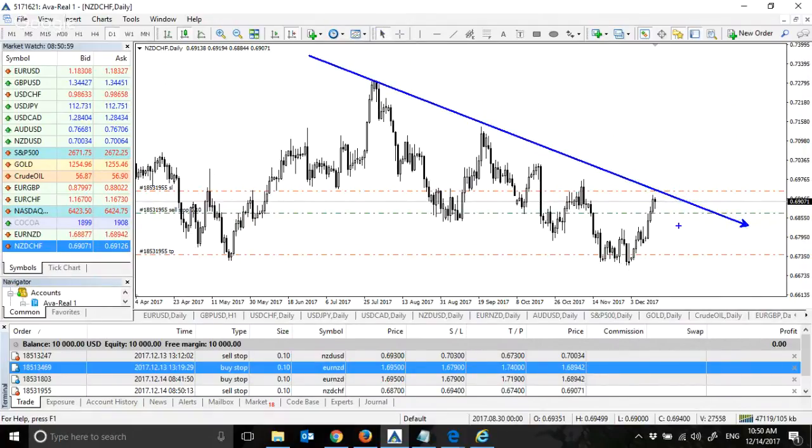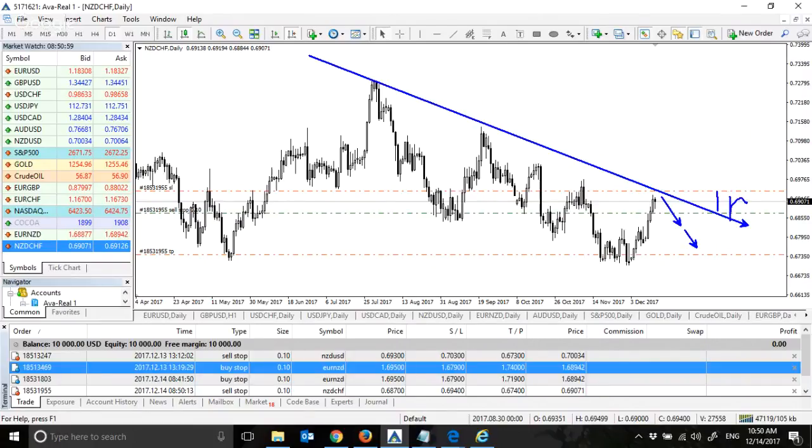We are going to look for an entry below yesterday's lows, and this is the direction that I'm expecting the market to move.